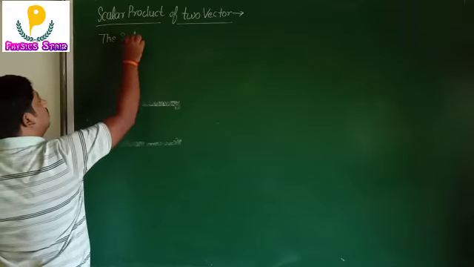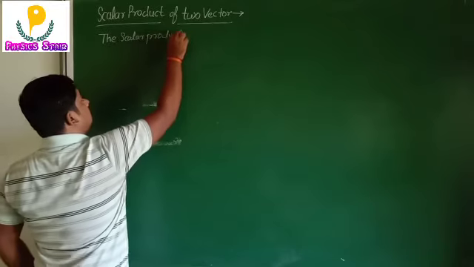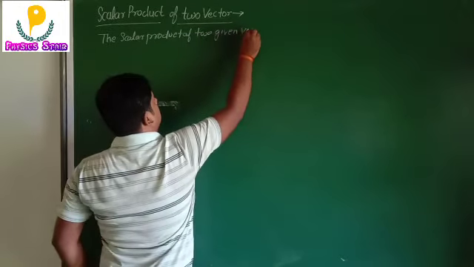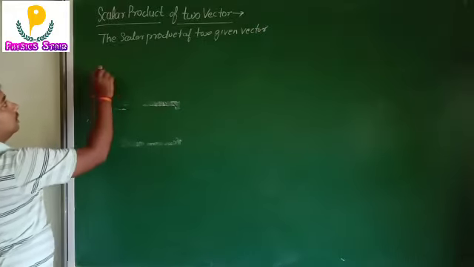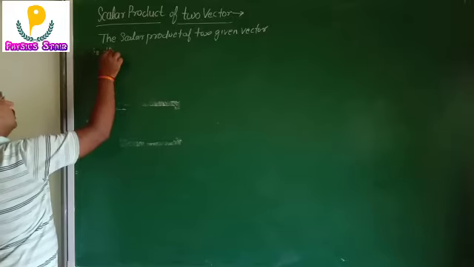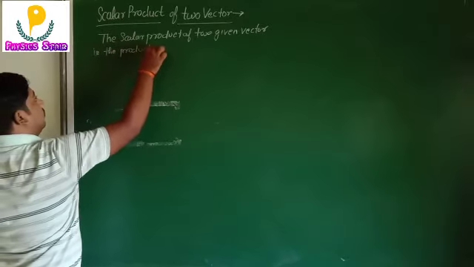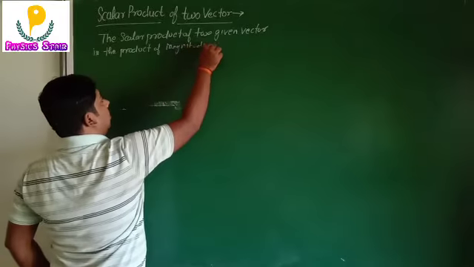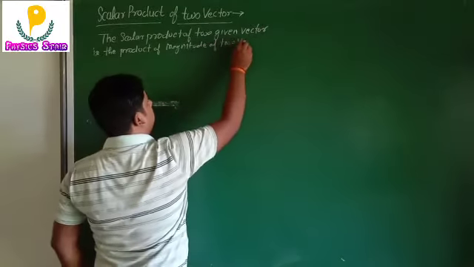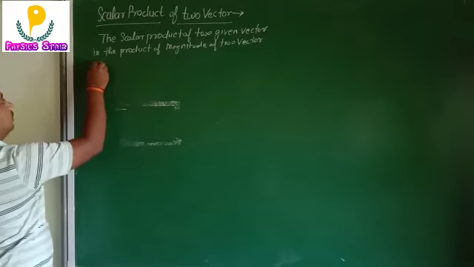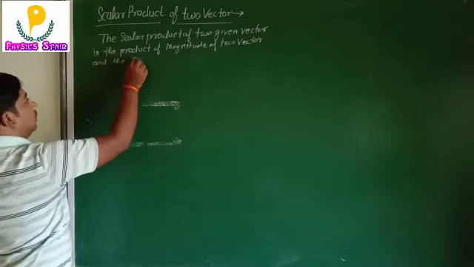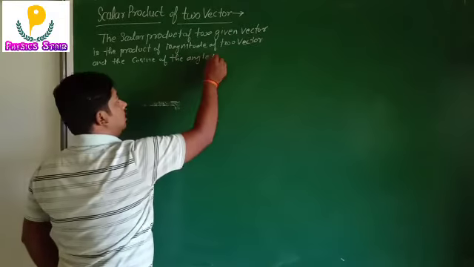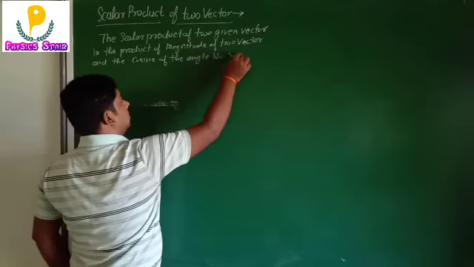the scalar product of two given vectors is the product of the magnitude of two vectors and the cosine of the angle between two vectors.